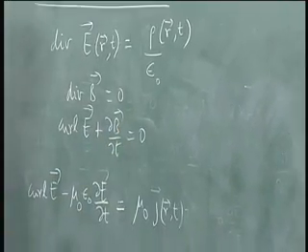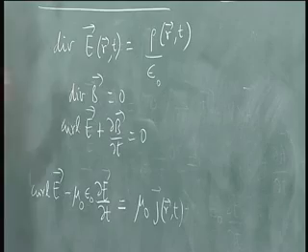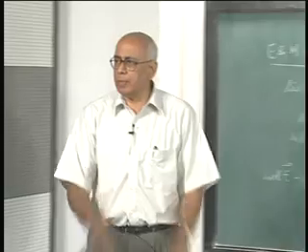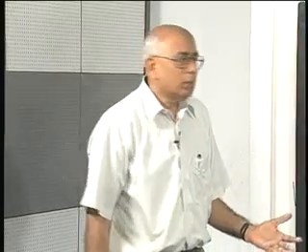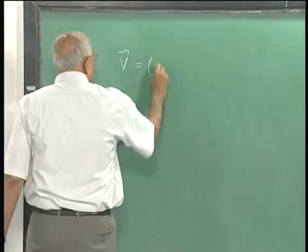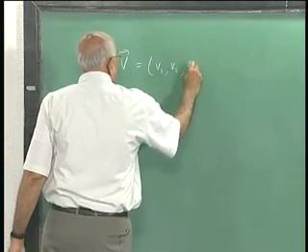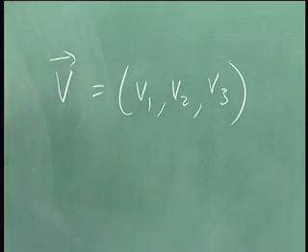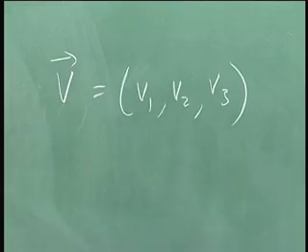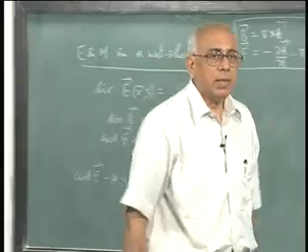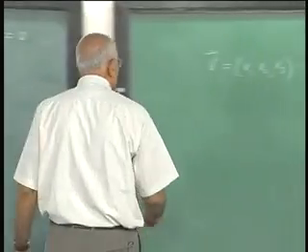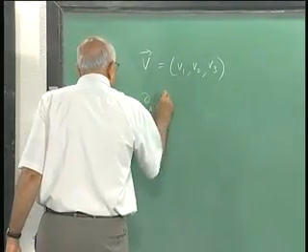My question is, what is so special about specifying the divergence and the curl of a vector field? Why not anything else? Because after all, if I have a vector field V which has got components v1, v2, v3, then you can differentiate each component with respect to each of the coordinates, and really you have 9 derivatives possible. So you have del i v j.